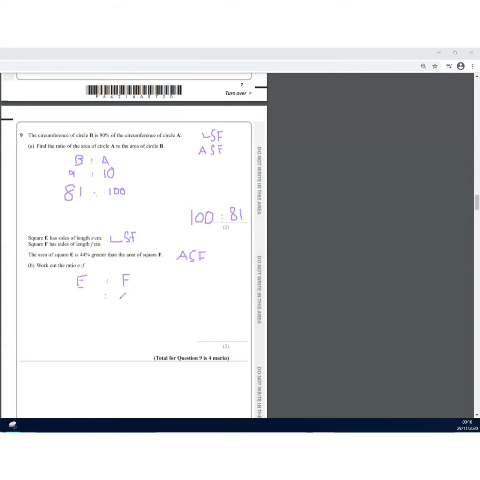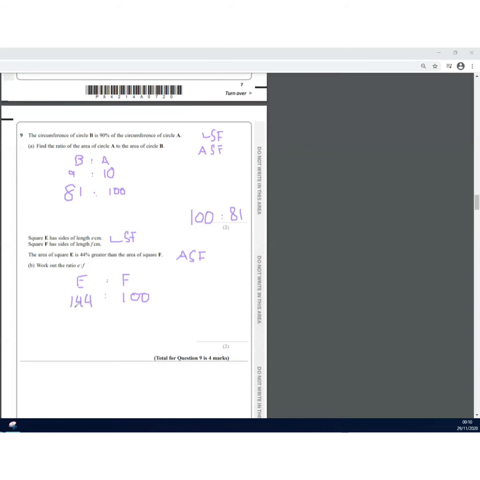Because the area of square E is 44% greater than the area of square F, if I say the area of square F is 100%, then the area of square E is 100 plus 44, which is 144%.